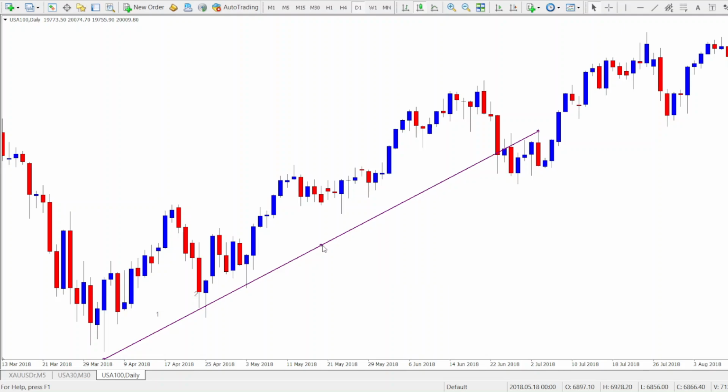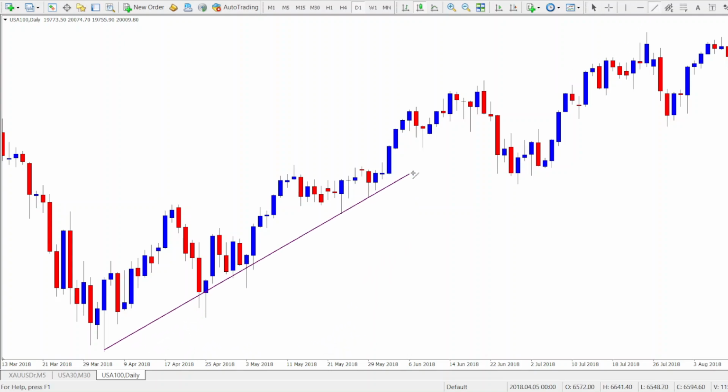You can see that when the hammer candlestick pattern showed up here, it showed that the bullish move was about to continue.